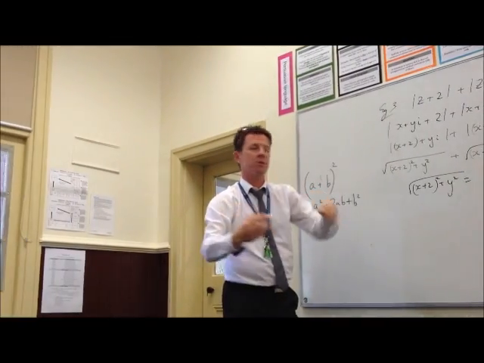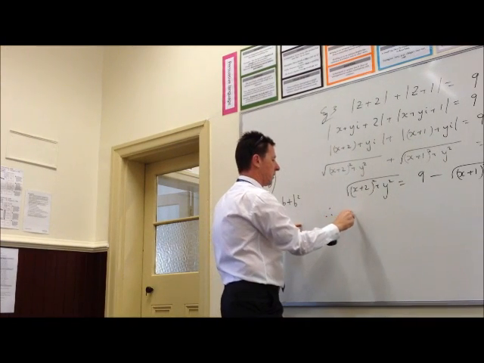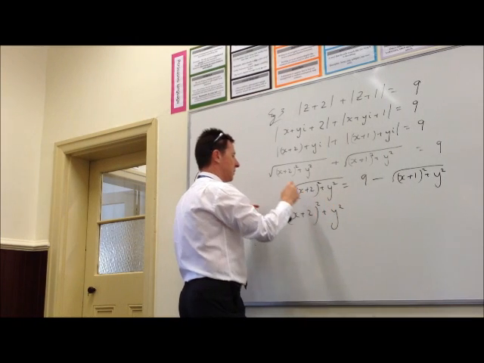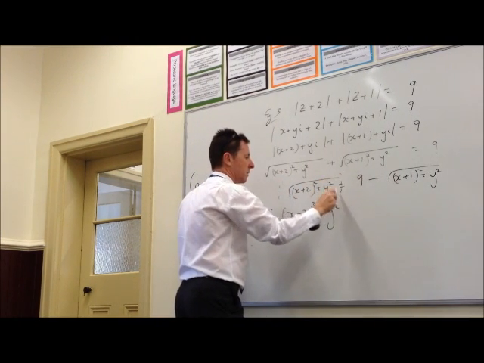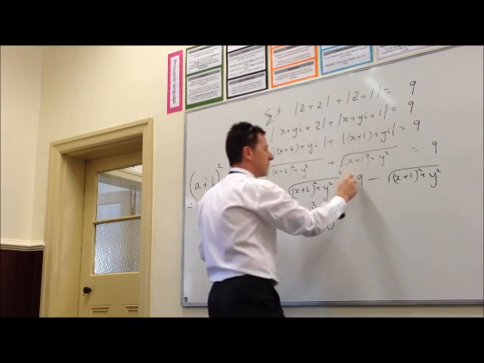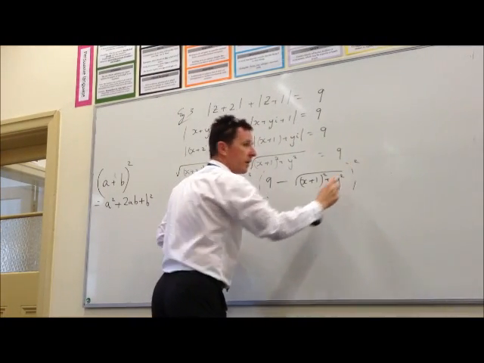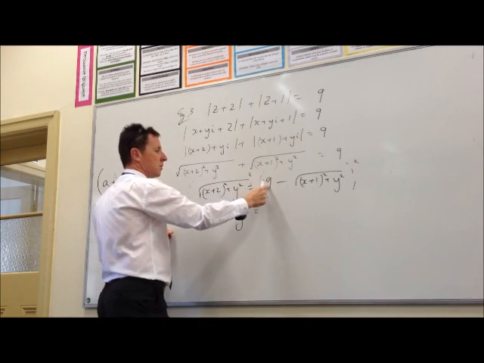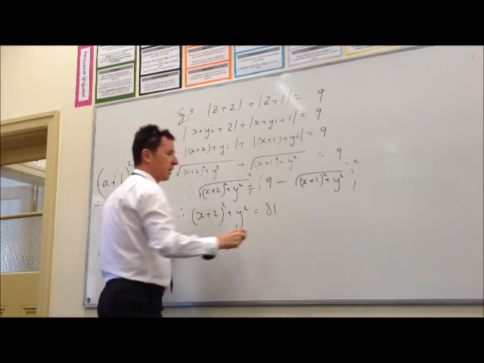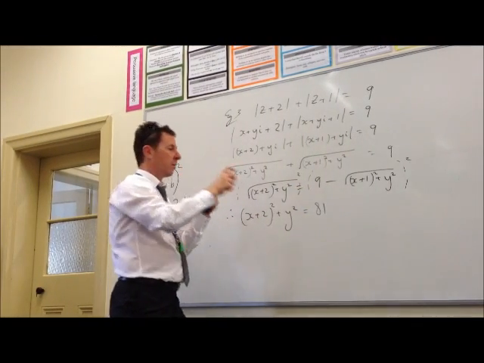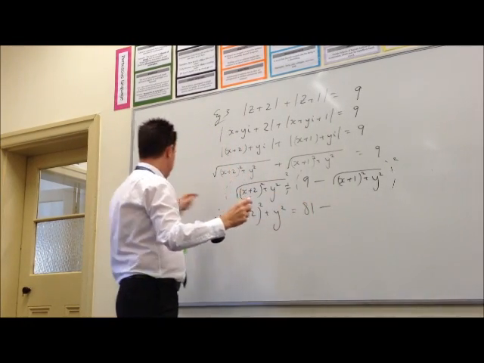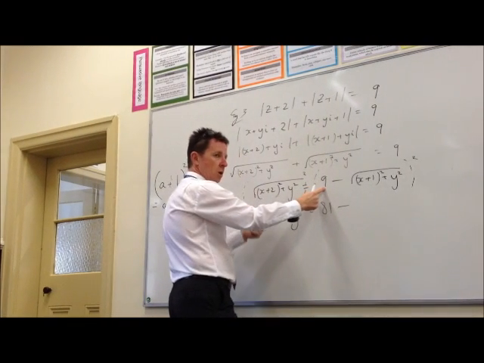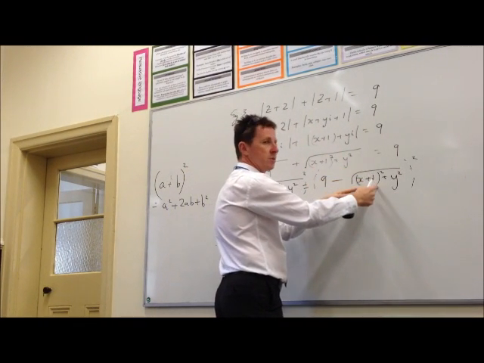Now, square both sides. Therefore, x plus 2 squared plus y squared. So imagine I've squared that. And now I'm squaring that side. Equals 9 squared, 81, minus 2AB. 2 times 9, 18 times the root.